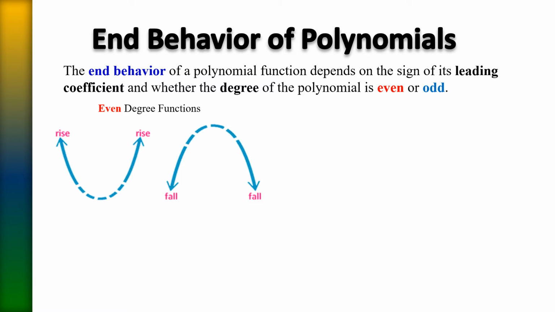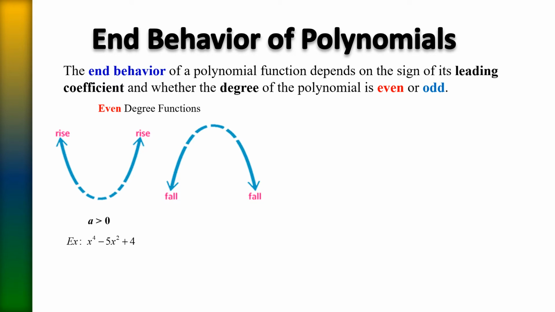And what determines that? Well, it's the leading coefficient. So if the leading coefficient is a positive number, then your polynomial is going to rise up. And if that leading coefficient is a negative number, then your even degree polynomial is going to fall down. So again, if the leading coefficient is greater than 0, meaning a positive number, it's going to rise up on both ends.